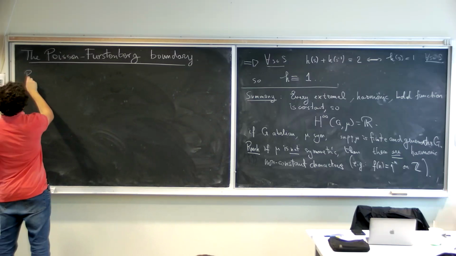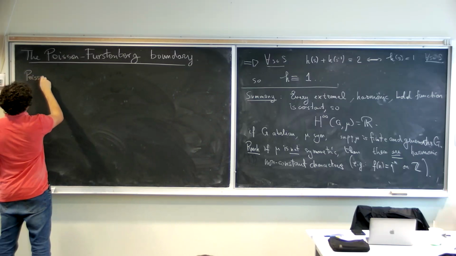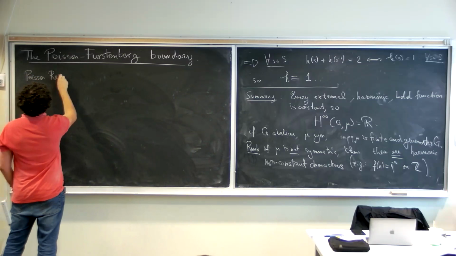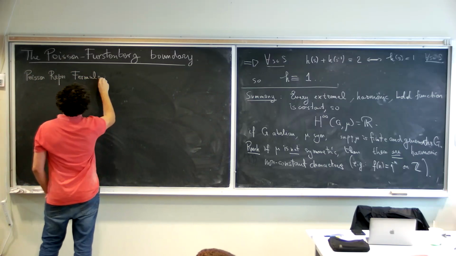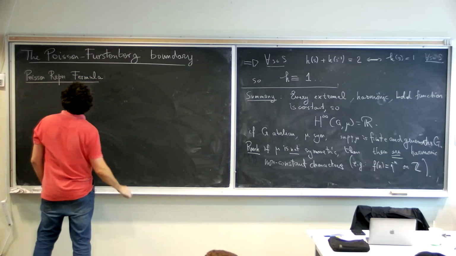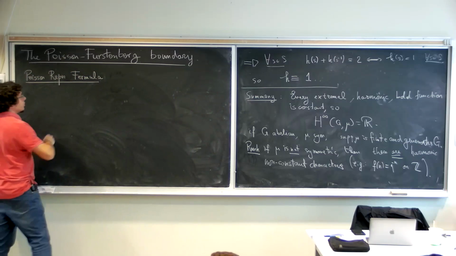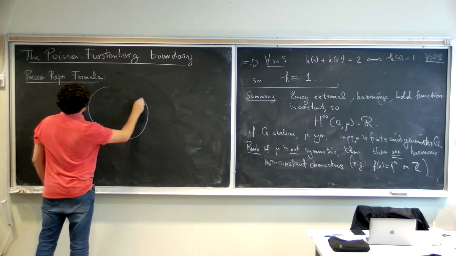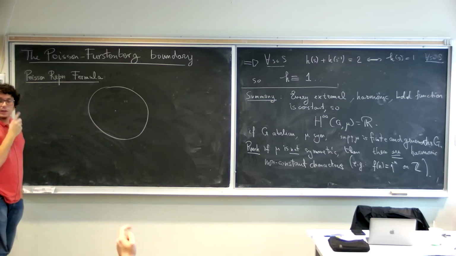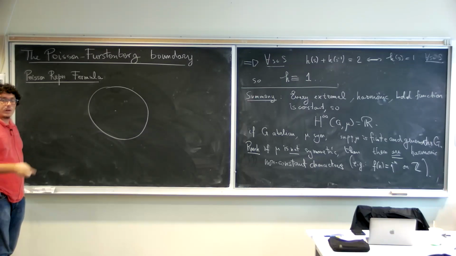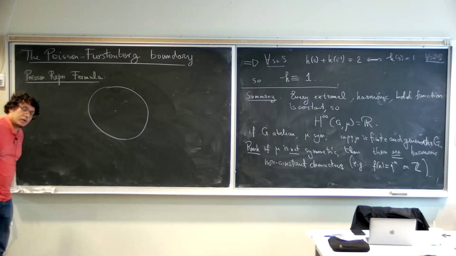So let's recall the Poisson representation formula. The Poisson representation formula is a formula about the disk. I have a question. Yes. Like in complex analysis, you have all sorts of convergences to the boundary that are not the one that we use, like non-tangential limits.